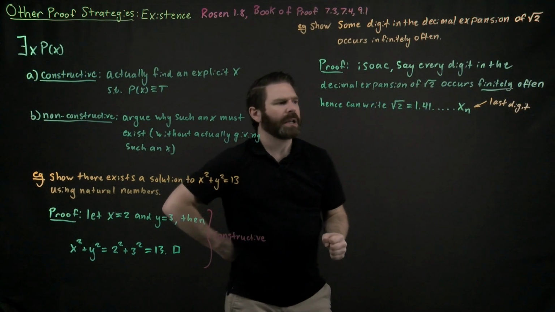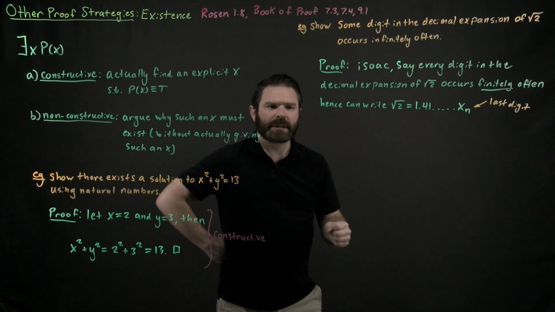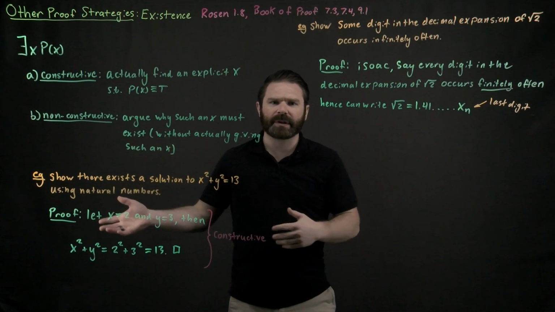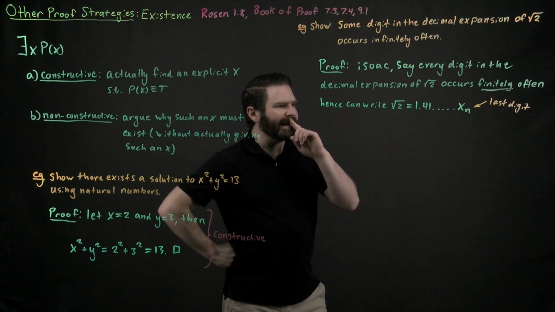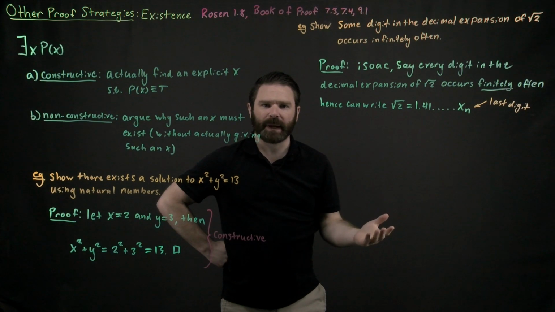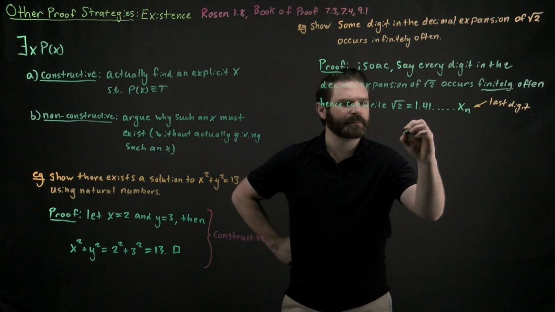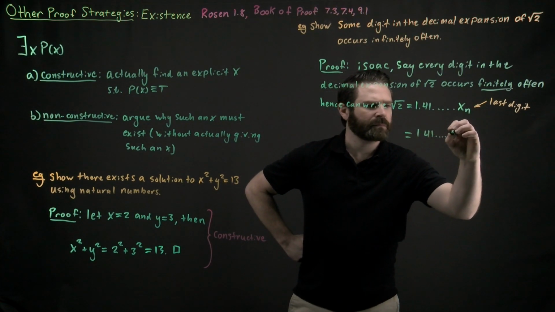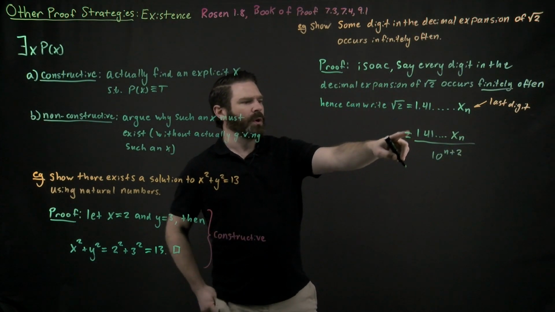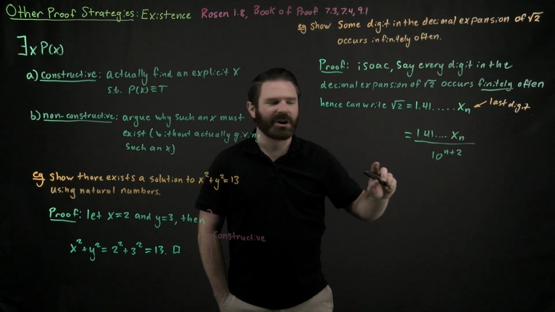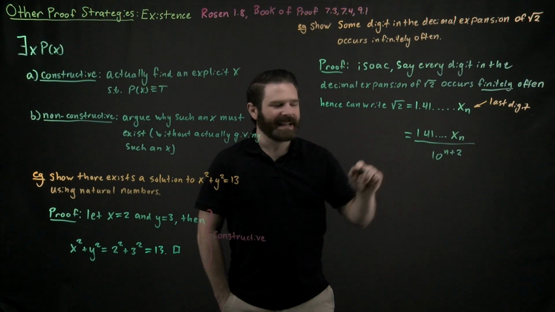And how might we derive a contradiction from this? Well, we know something about the square root of 2. We've actually already in previous videos showed that the square root of 2 is irrational. And looking at this, if I have a finite decimal expansion, I could simply rewrite this thing as 141... whatever the other digits are, all the way down to my very last digit xn, and then I divide that by 10 to the n plus 2.